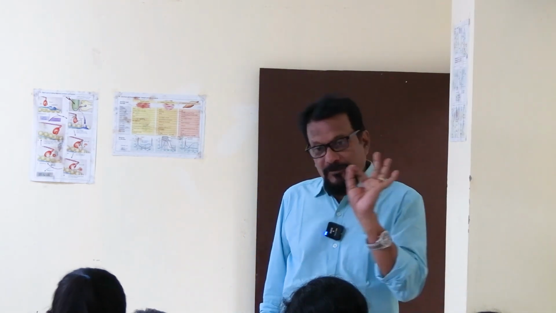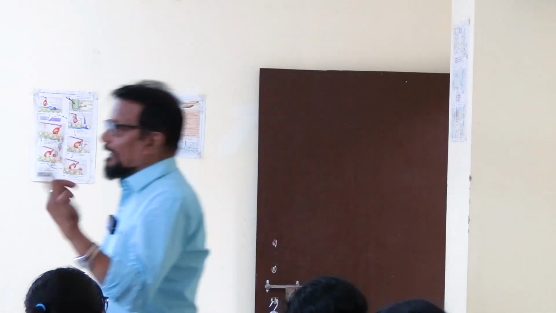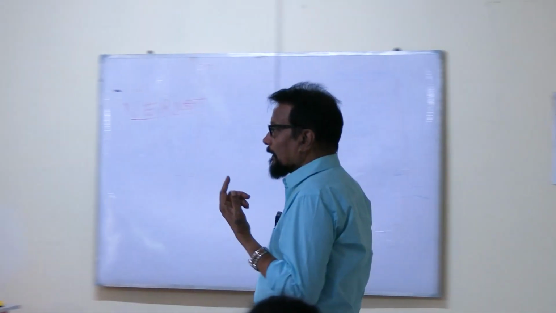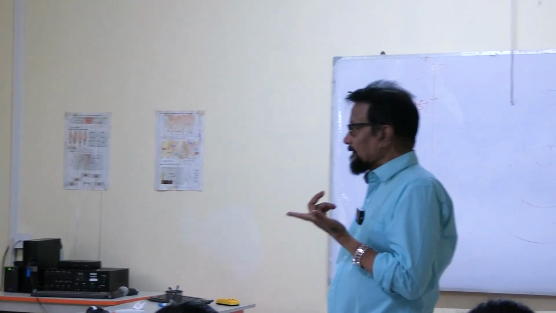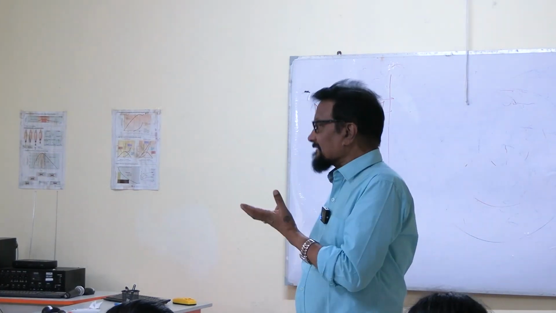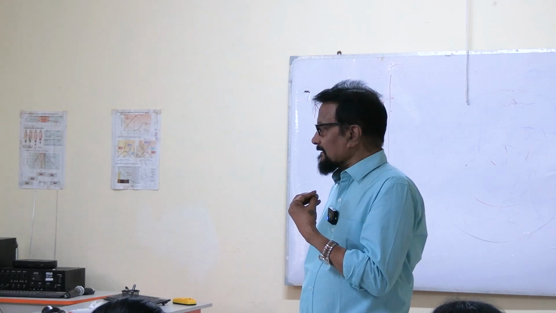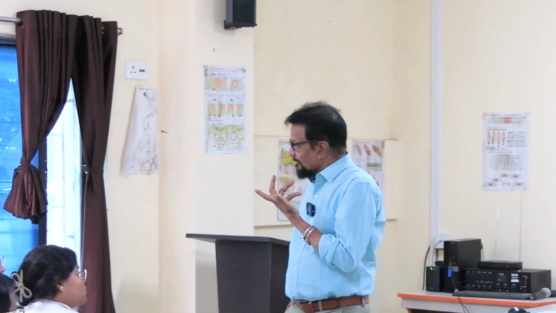So, if I apply a stimulus, nerve cells are having excitability. They are excitable. Muscle cells, be it cardiac muscle, smooth muscle, or skeletal muscle, are having excitability. If we apply stimulus, they will be responding.